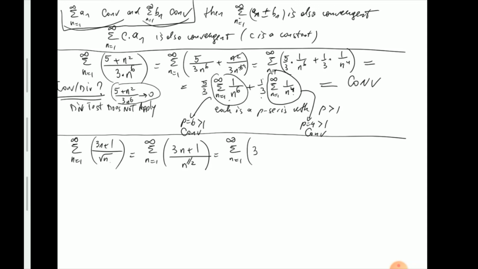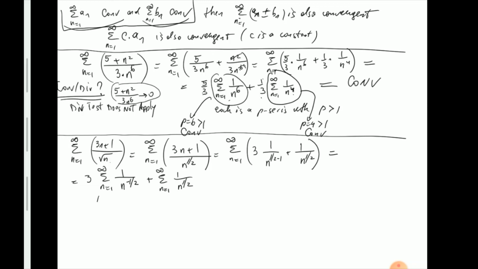So if I simplify by n, I have 1 on the top, n to the 1/2 minus 1, plus 1 over n to the 1/2. And this splits into the summation from 1 to infinity of 1 over n to the minus 1/2, plus the summation from 1 to infinity of 1 over n to the 1/2.